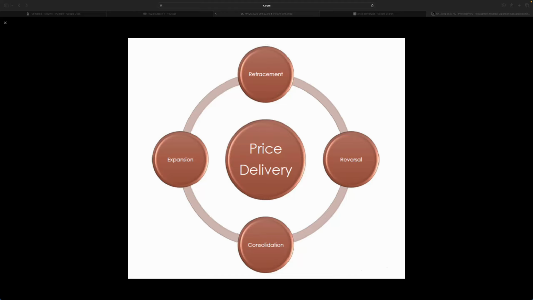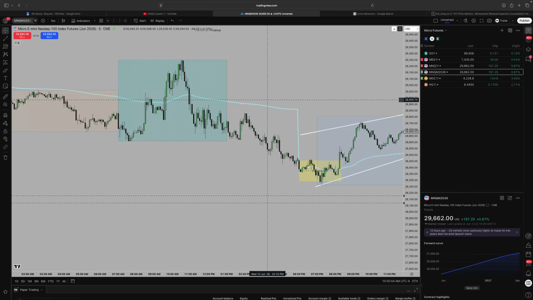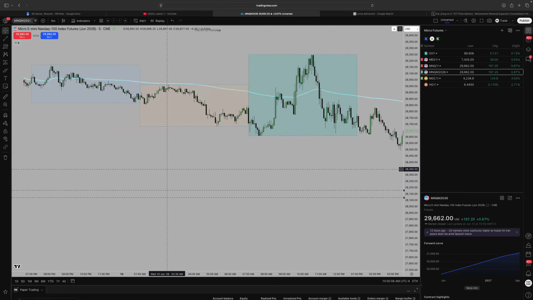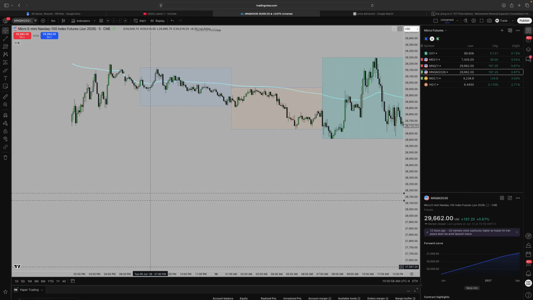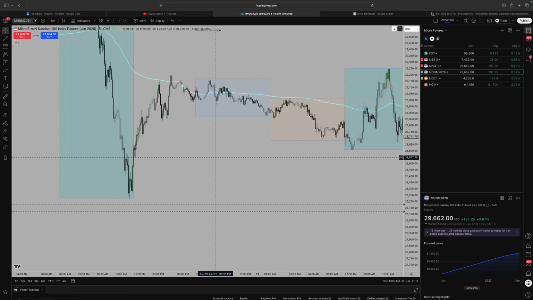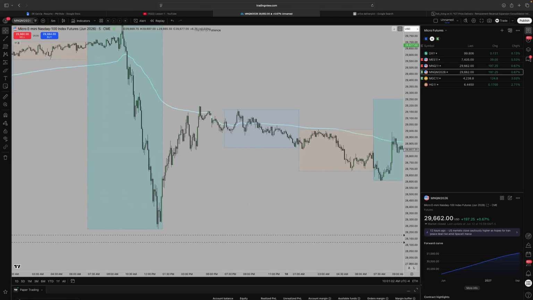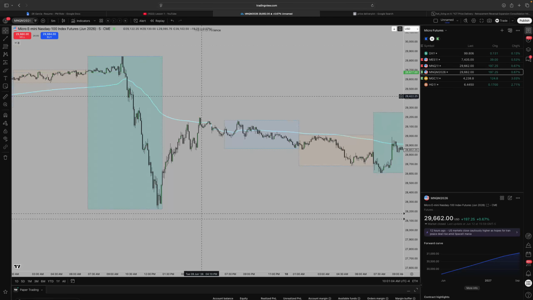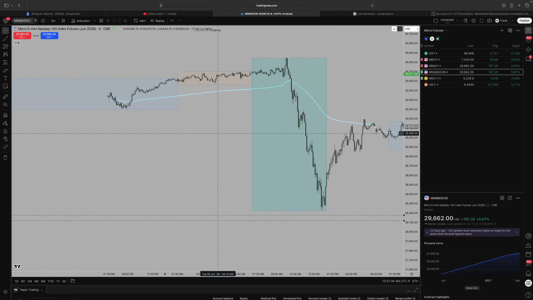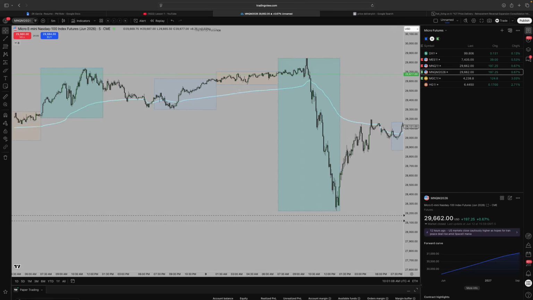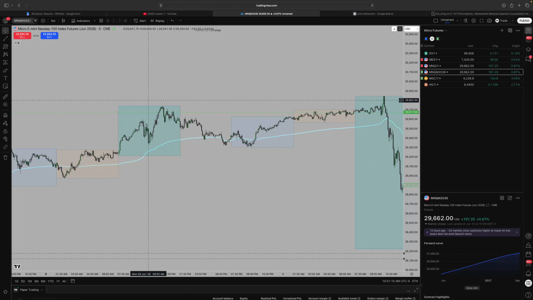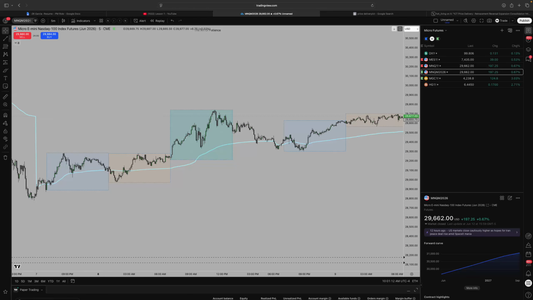So let's go to the charts real quick. We're going to start with Monday. And once you become more familiar with the software, TradingView, obviously you have to learn the right settings and have the correct symbol up here and things like that.